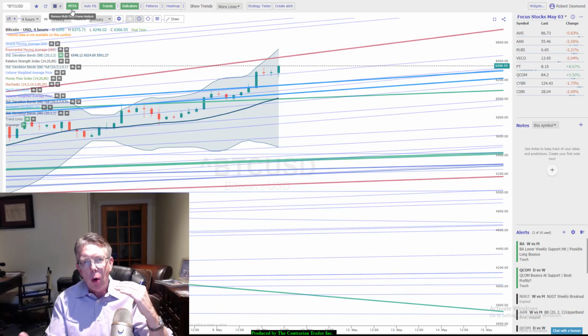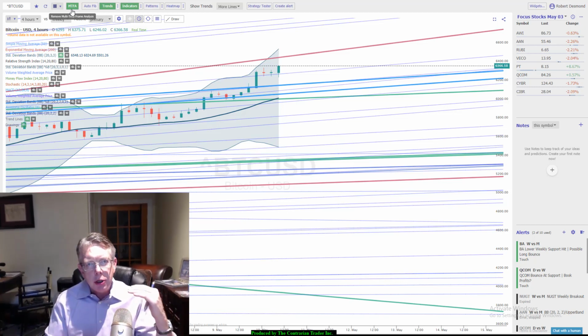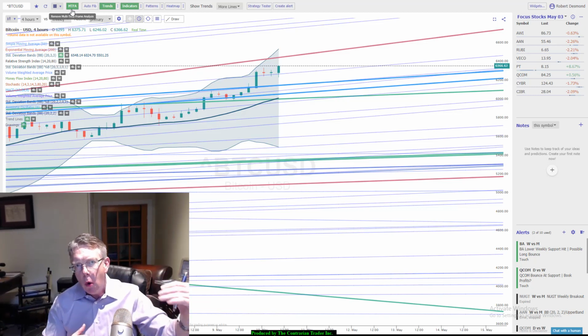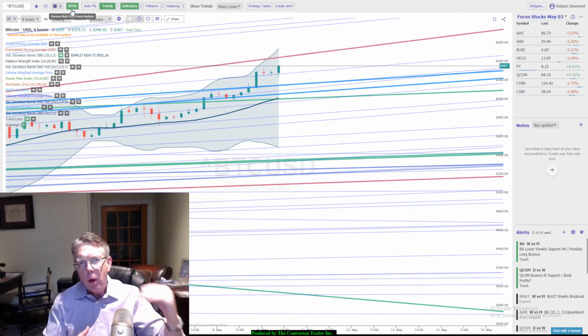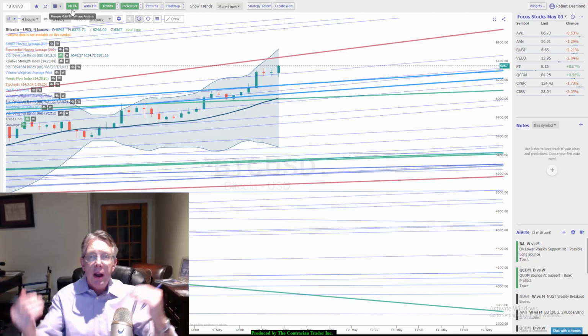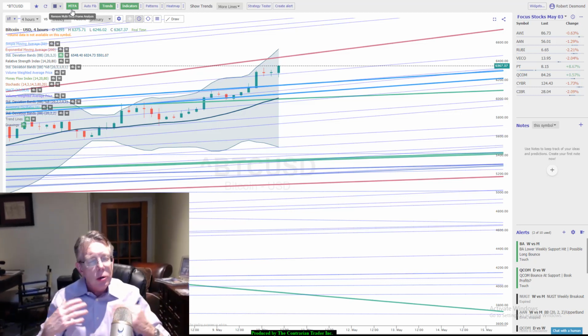Not just micro support, but macro support on a historic basis. It minimizes your risk and it maximizes your reward by identifying exactly where your historical support levels are. And it also helps to maximize your risk reward when you know where your resistance levels are if you're looking to short a stock. So it just makes sense.